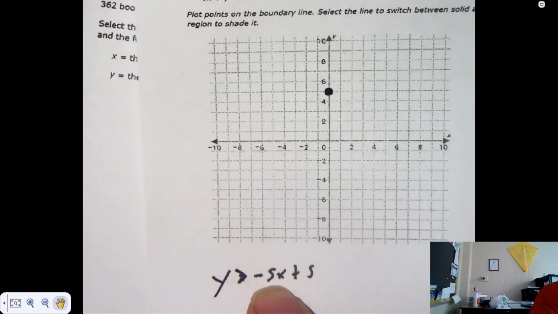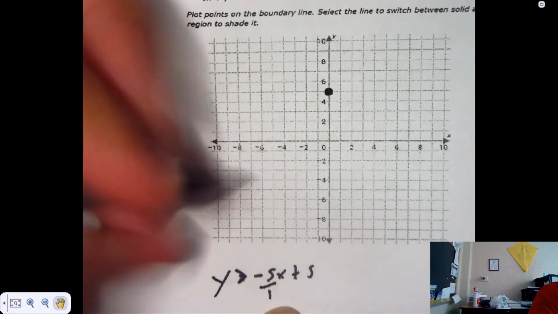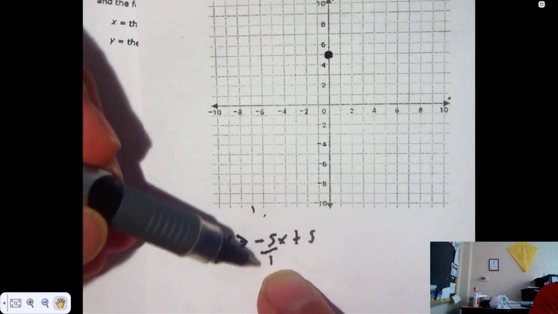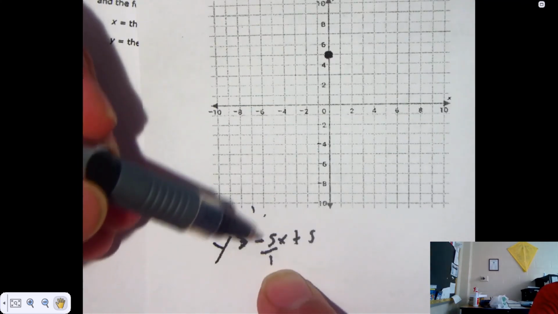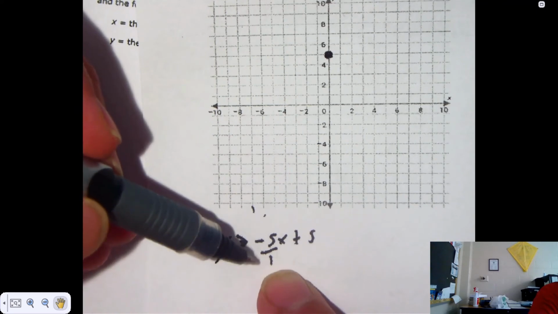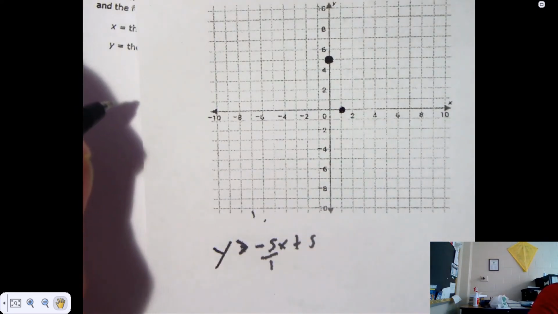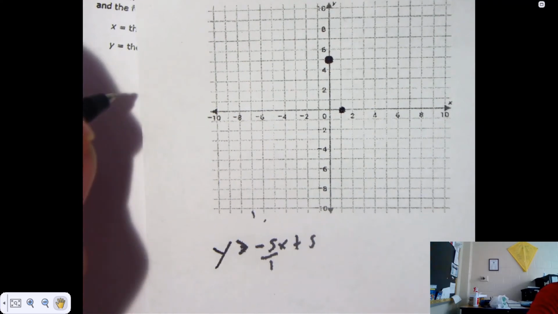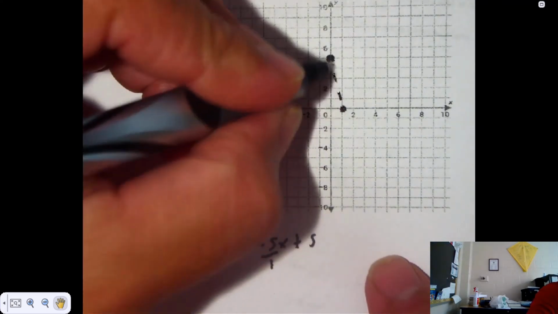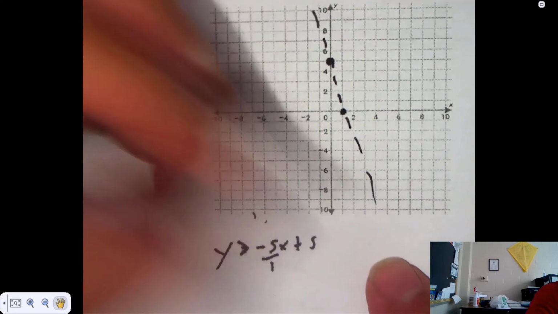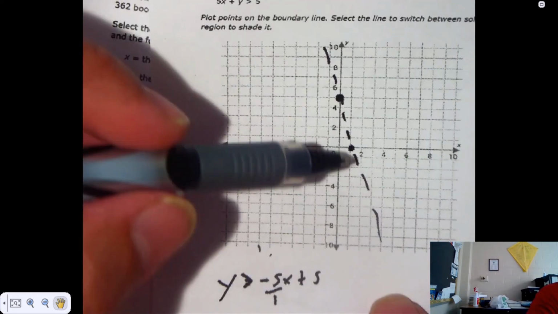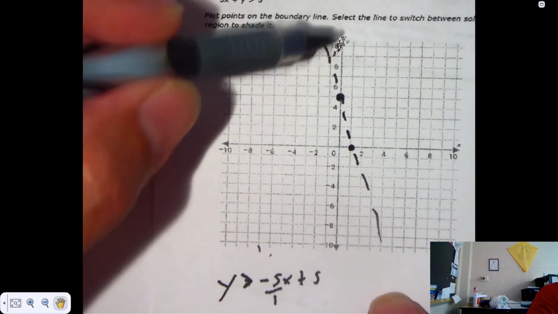What am I going to do? Son, slope is rise over run. Everything exists over 1. I fall 5 and go over 1. Solid or dashed line, kids? Dashed. The symbol here is greater than. Going to shade to the right, because only to the right are you actually shading stuff above your line.